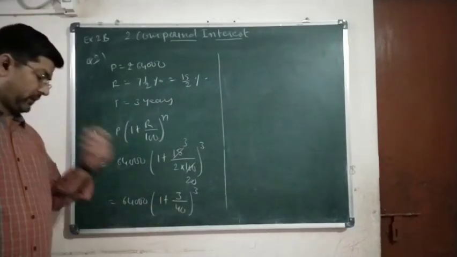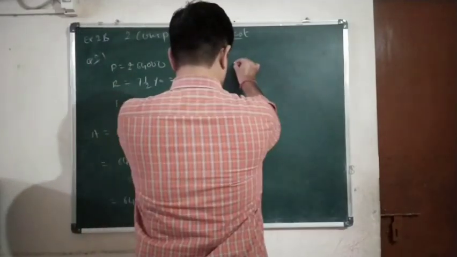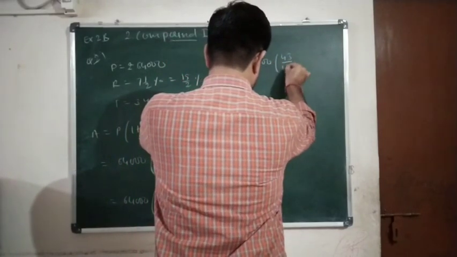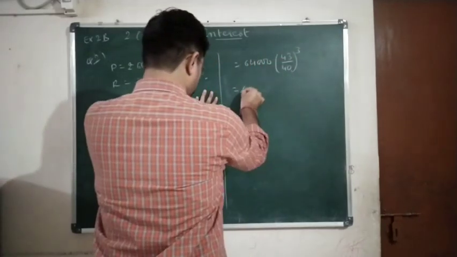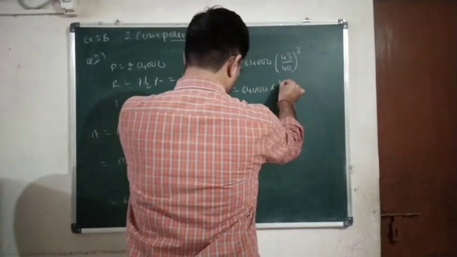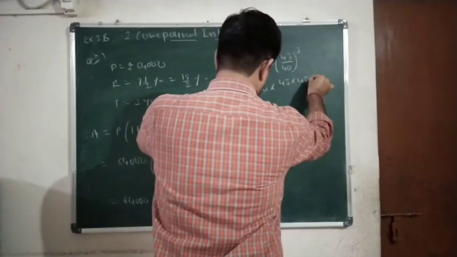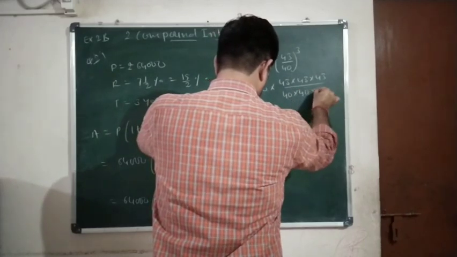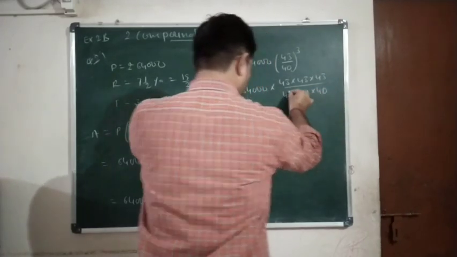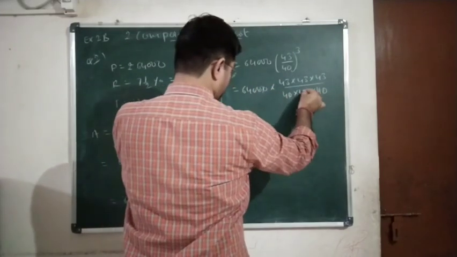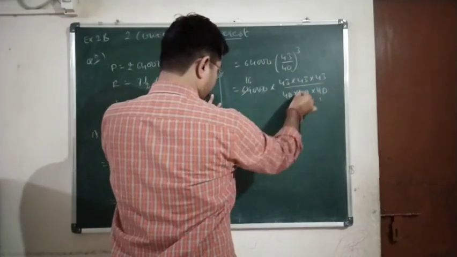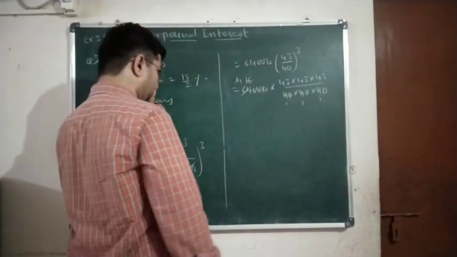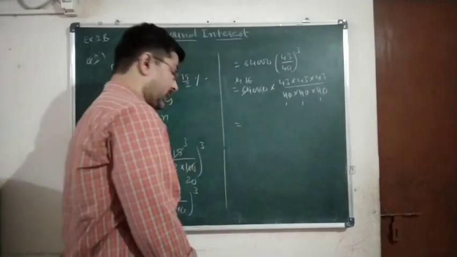So 40 plus 3 is 43. 64,000 into (43 upon 40) whole raised to 3. So 64,000 into 43 into 43 into 43 upon 40 into 40 into 40. 3 zeros cancel, and then 4 ones are 4, 4 16s are 64, and 4 ones are 4. So 43 into 43 into 43.